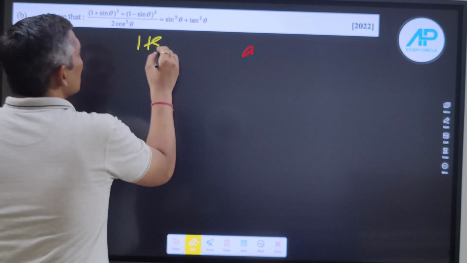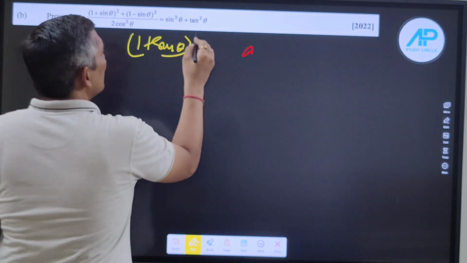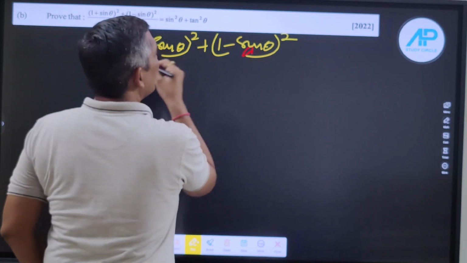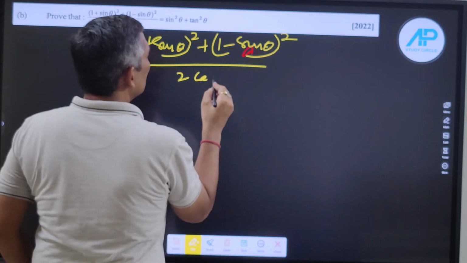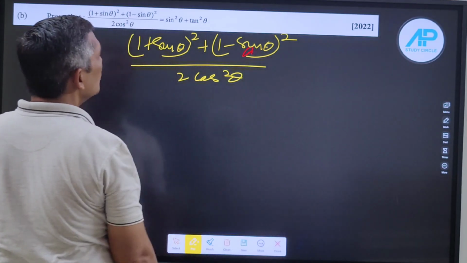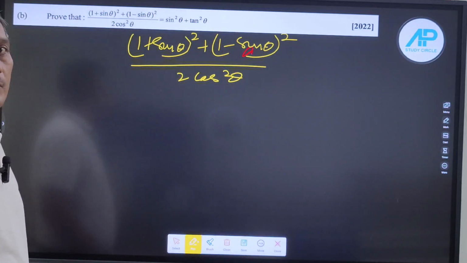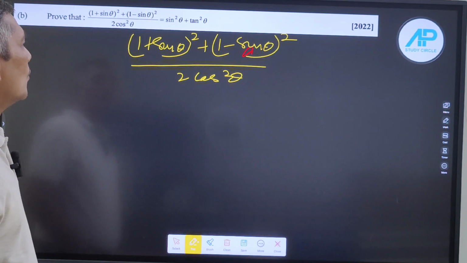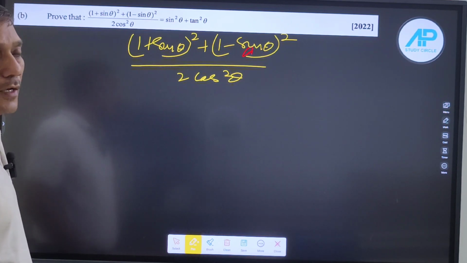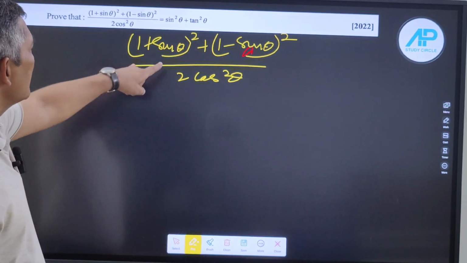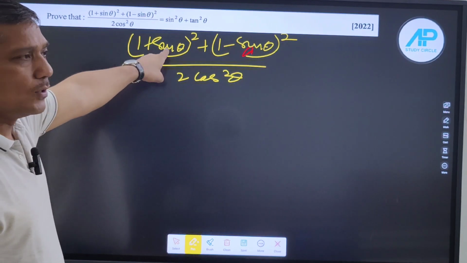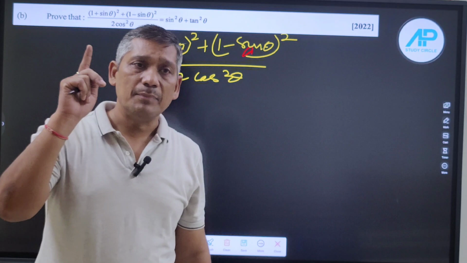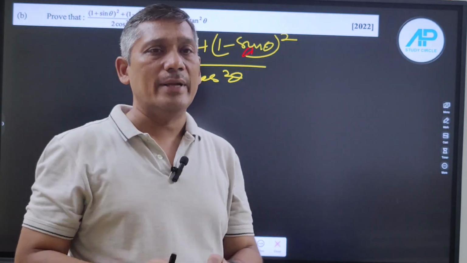1 plus sine theta whole square plus 1 minus sine theta whole square upon 2 cos square theta. What you can see in the numerator is a plus b whole square plus a minus b whole square, which is an algebraic identity.